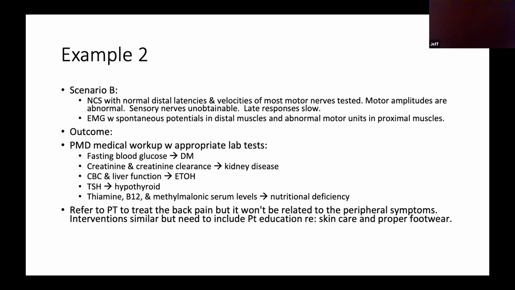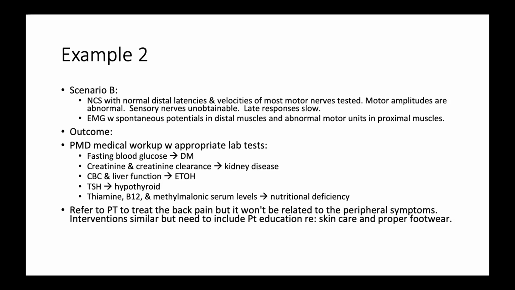And I went and tested, and I kind of changed my plan as I went along. And then the consistent reduced amplitudes in all the nerves that I was testing, all the motor nerves, kind of ruled in the polyneuropathy.